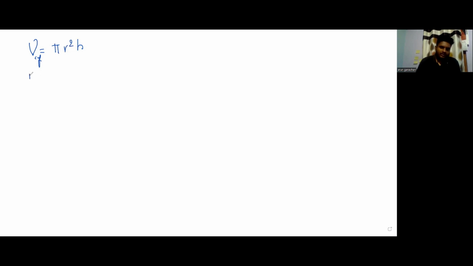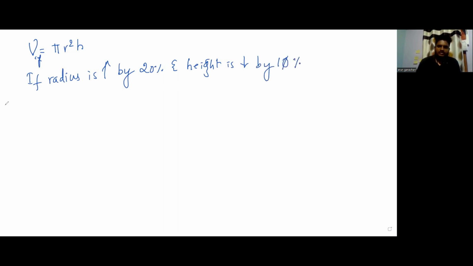So the question will be: if the radius is increased by 20% and the height is decreased by 10%, what is the change in volume?